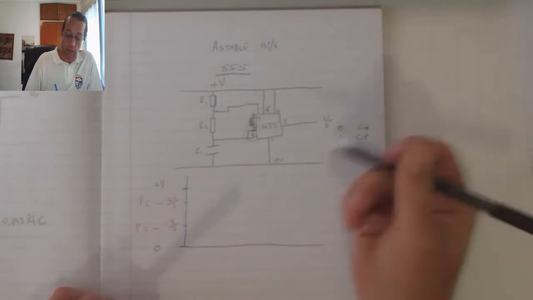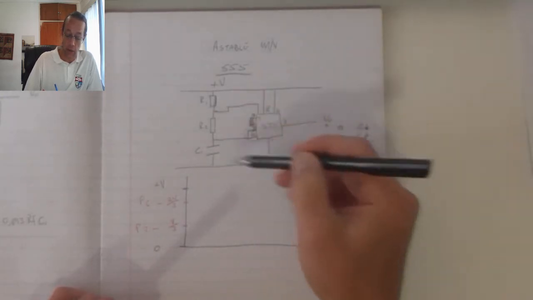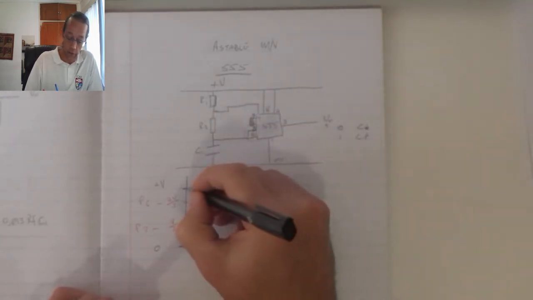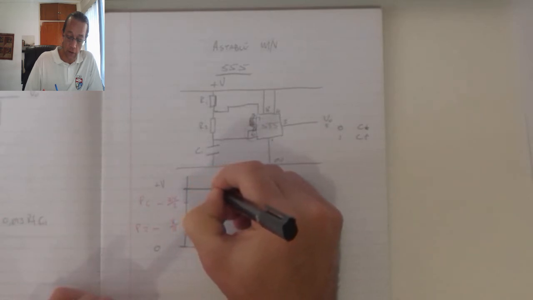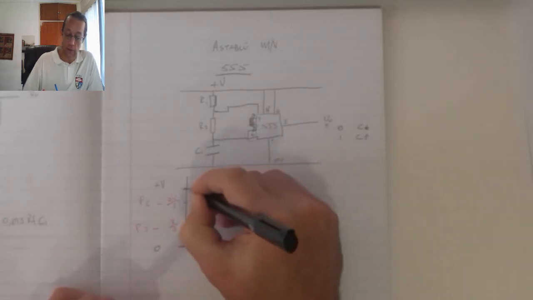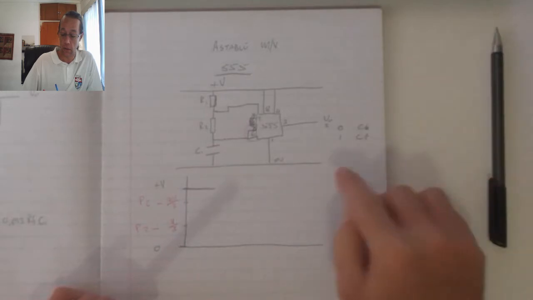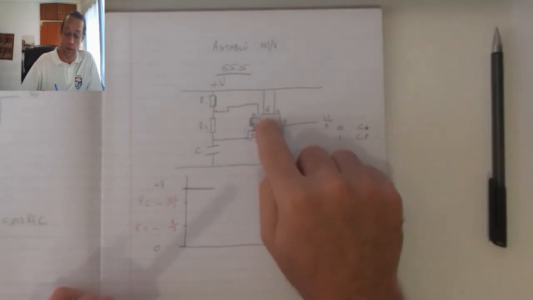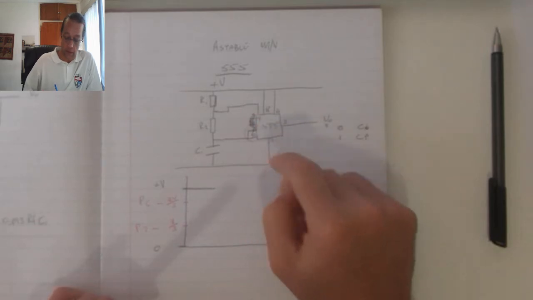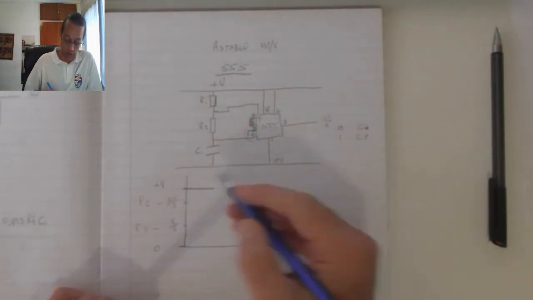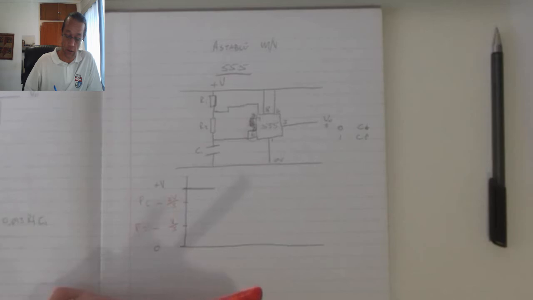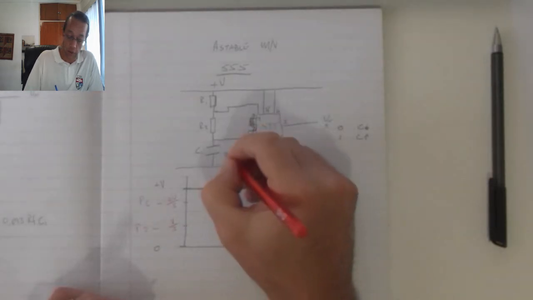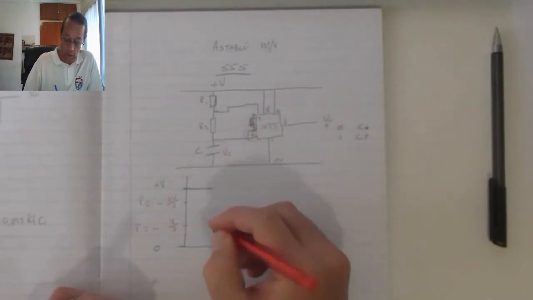Let's assume the moment we connect this, we've got a high voltage on the output. That means, because I've got a high voltage, my capacitor is charging because pin 7 is disconnected from the supply. The voltage on the capacitor I'm drawing in red.